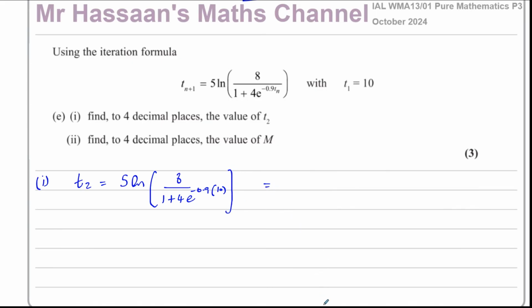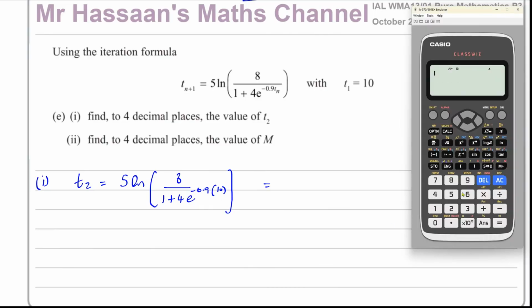Now I'm going to set up in a particular way that will help me to answer the question very easily, especially part 2. I want T1 to be 10, so that's the value we start with. I'll press 10 and then equals. This is now saved in my calculator as the answer. Press answer equals, it's going to be 10.